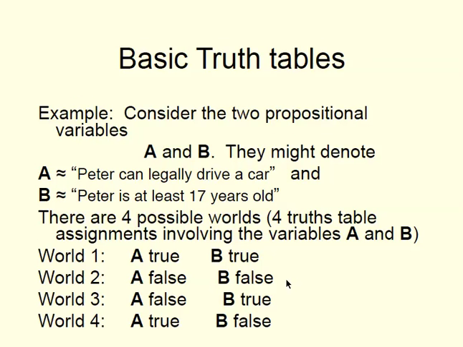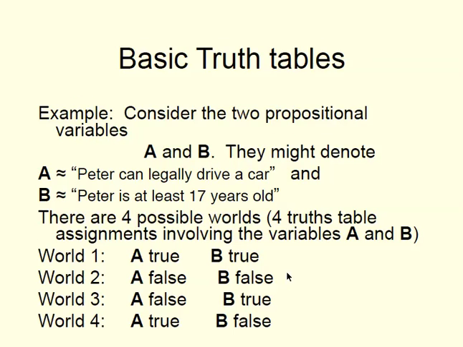But the point with truth tables is, instead of considering all these infinitely many possibilities to check if an argument is valid, maybe Peter lives in America and is 15 years old, he could also be 16 years old and live in America, or live in Canada, or in many other countries, and so forth. There are many, many different situations we should consider.